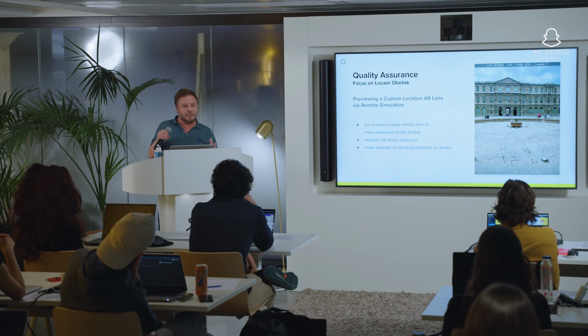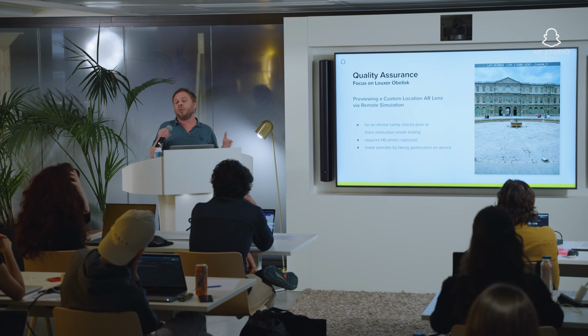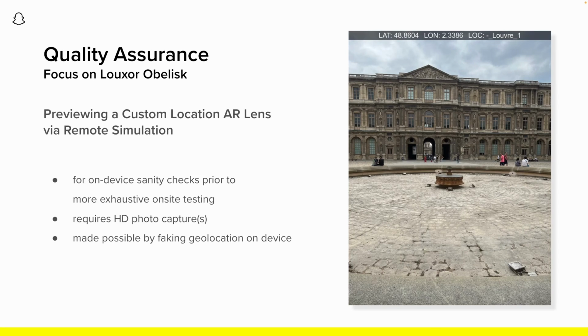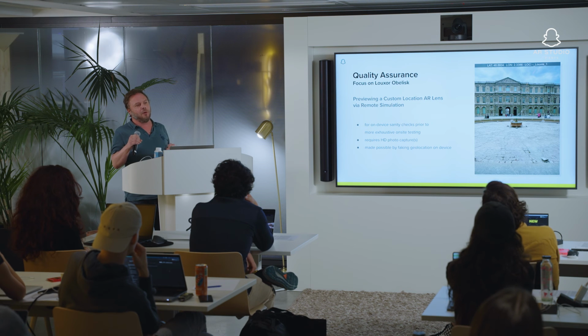So as a good practice, when you do your initial 3D scan, it's good to take a couple of HD pictures of the scene, ideally after granting access for your device to associate the capture with geolocation, GPS coordinates, so that you can really precisely locate where the photograph was taken. And so this process can be achieved by faking geolocation on the device.